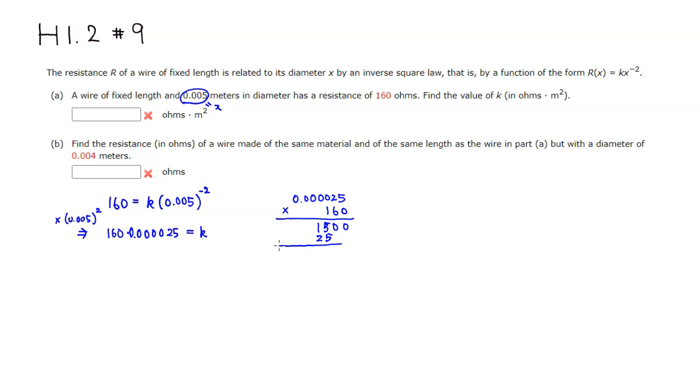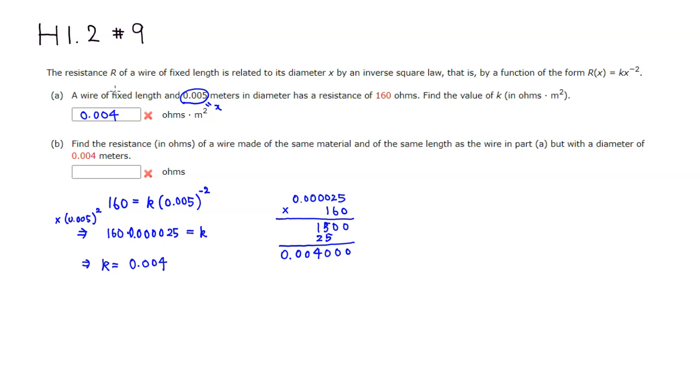Then we count the zeros: 1, 2, 3, 4, 5, 6. So K is going to be 0.004.